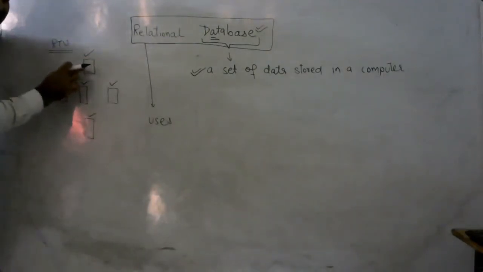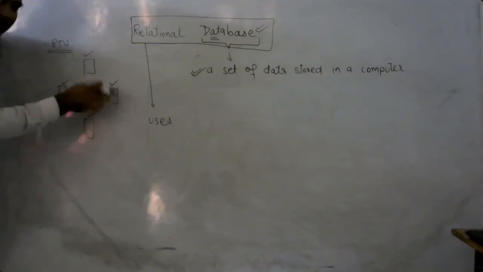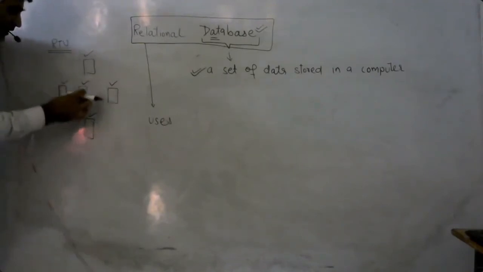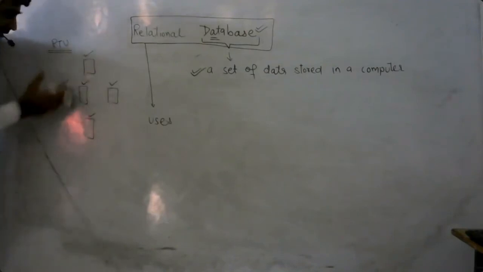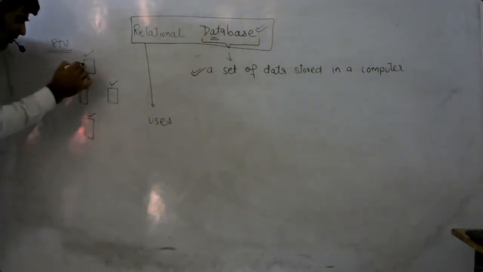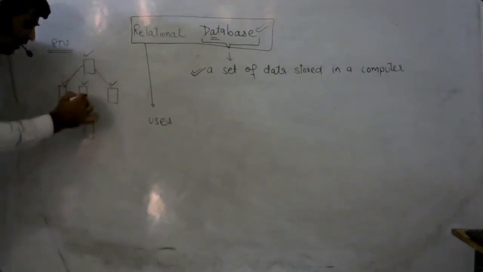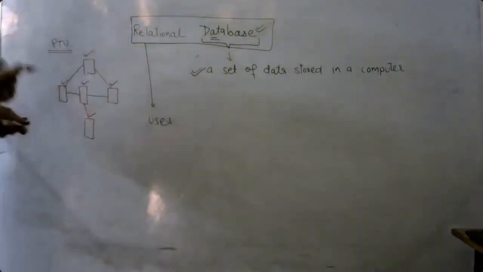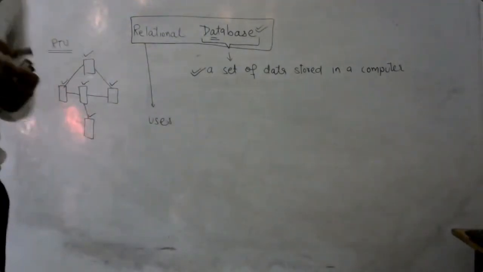One relation has the details about the students. Another has the details about the professors or persons who work in the organization. A particular table is divided into more than one table for additional details. All these tables are somehow linked, and how they are linked is decided by the DBA, database administrator, or the developer.